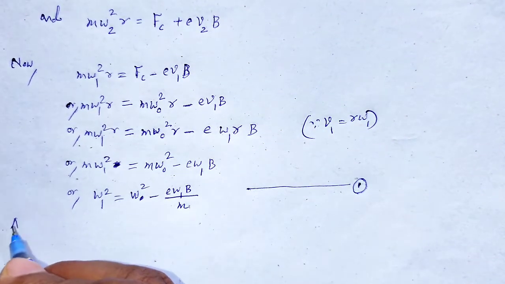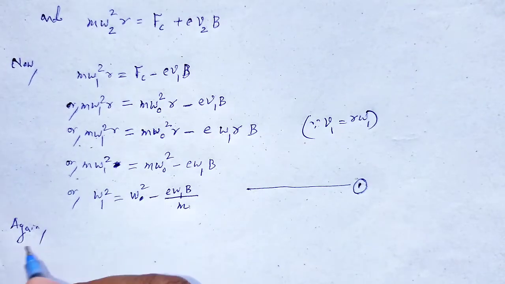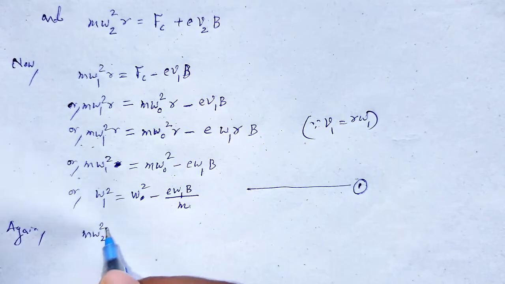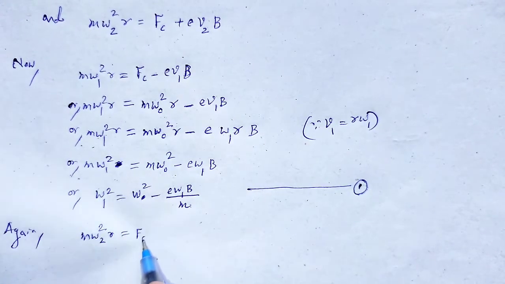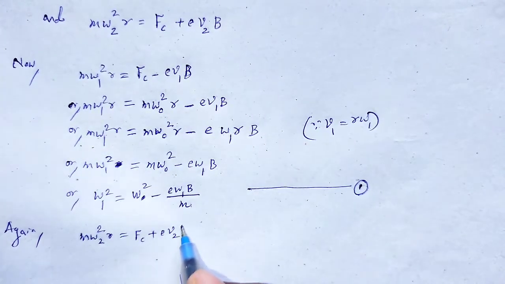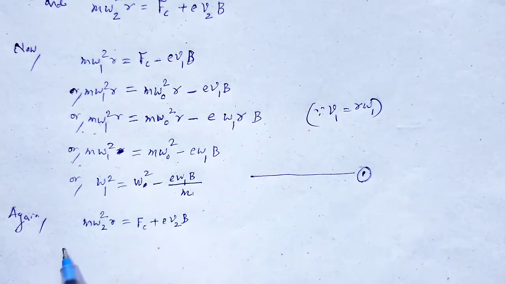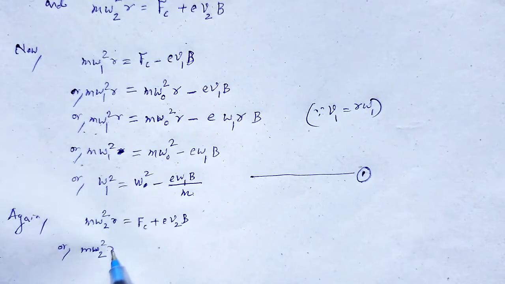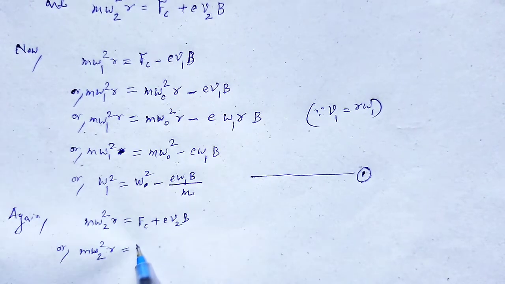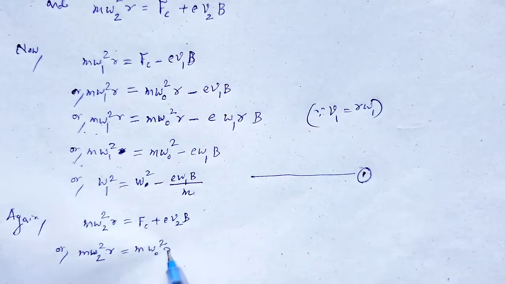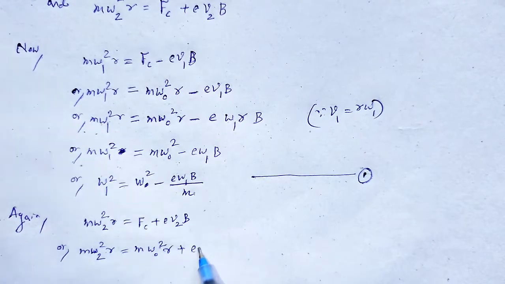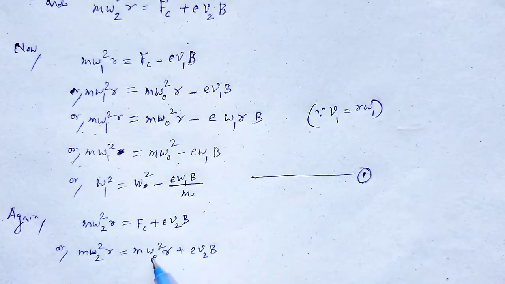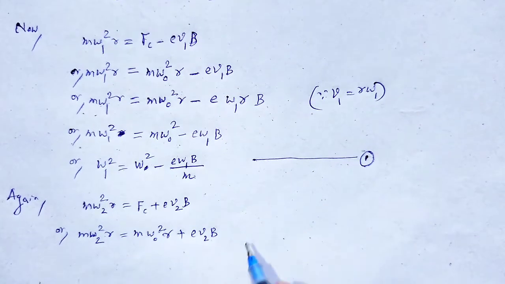Again, taking the equation m omega 2 square r is equal to Fc plus e V2 B, or m omega 2 square r is equal to m omega naught square r plus e V2 B in place of Fc, that is m omega naught square r.